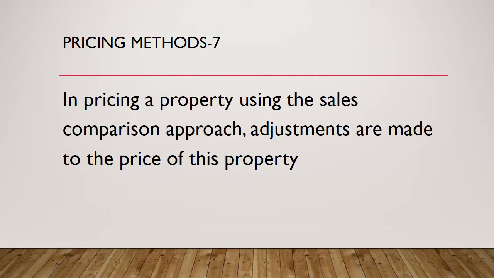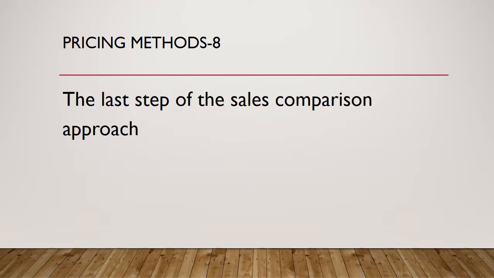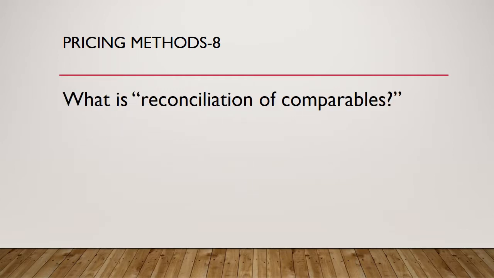Question 7. In pricing a property using the sales comparison approach, adjustments are made to the price of this property. What are the comparables? Question 8. The last step of the sales comparison approach. What is reconciliation of comparables?